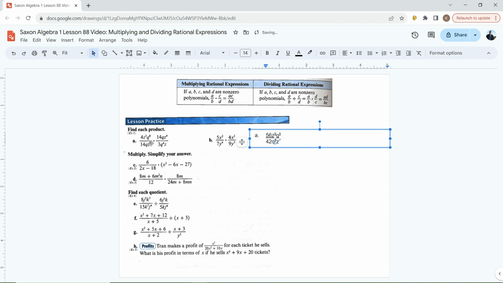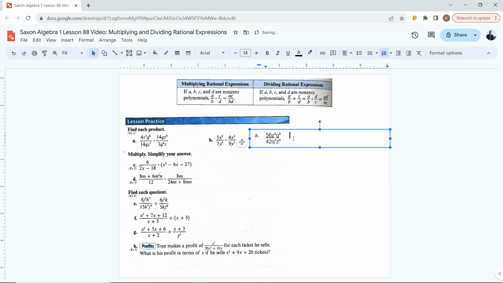And then z to the seventh times z is going to give me z to the eighth. All right, now I've got my numerator and my denominator. The last step is to simplify what's on both the top and the bottom of the fraction. So I'm going to write out a brand new fraction over here.